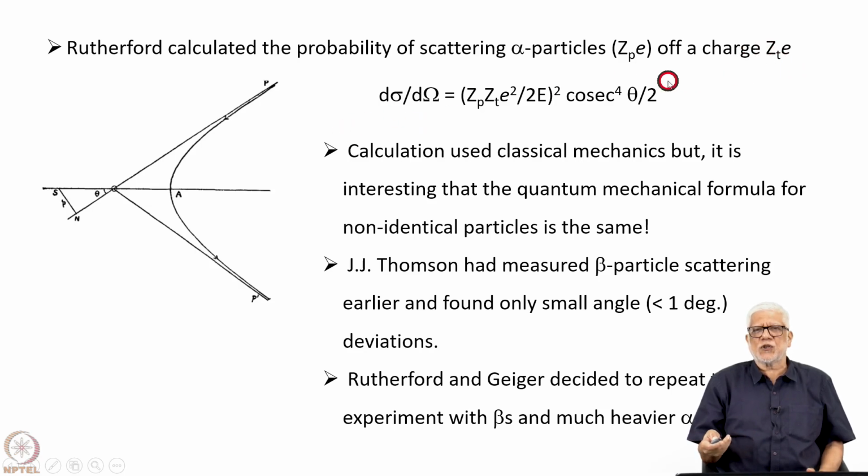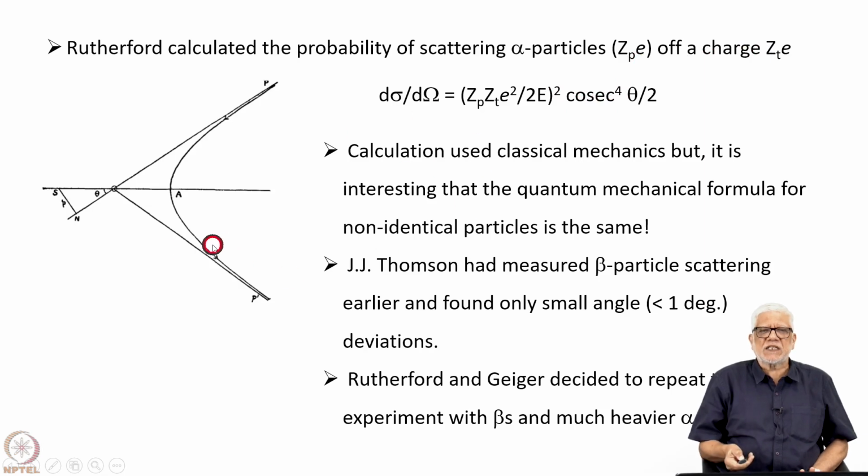Then the differential cross section, which is related to the probability that the alpha particle scatters through an angle theta, is proportional to the square of each of these charges, the alpha particle charge and the target electric charge, and inversely proportional to sine to the power of 4 of theta by 2.